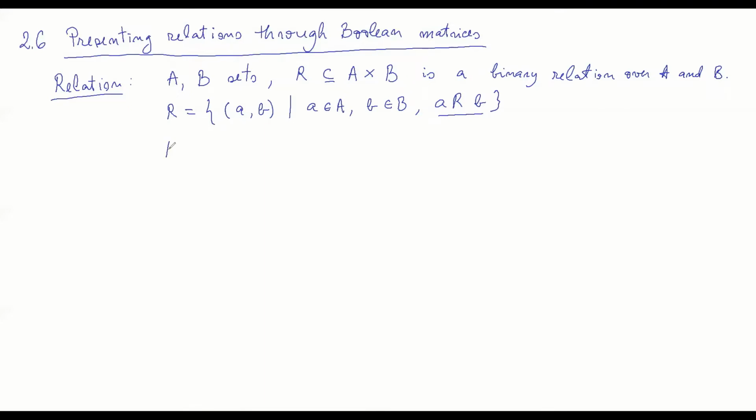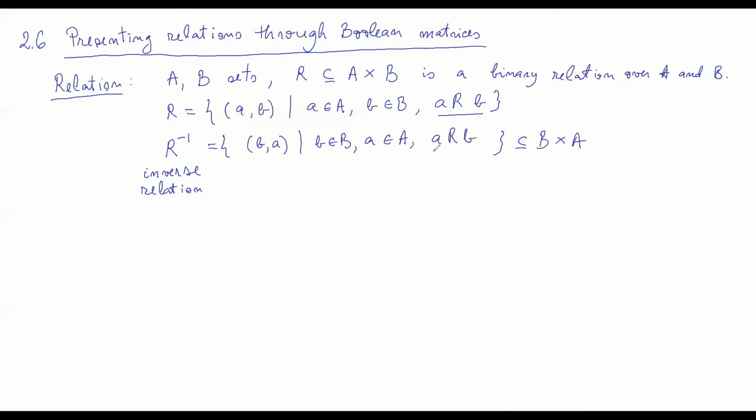We also define right away the inverse. So this is the inverse relation. The inverse relation is defined to be a relation over B times A, and it's really the set of elements (b, a) with b in B and a in A in such a way that a R b.